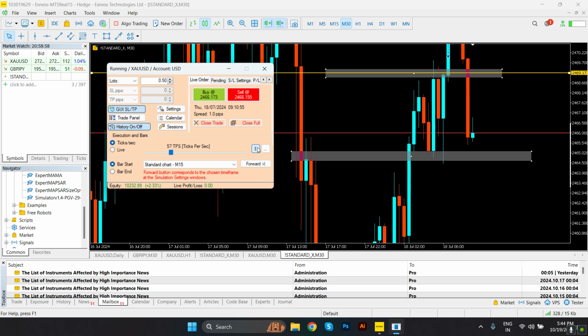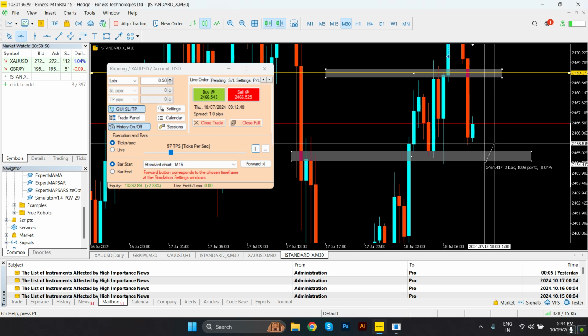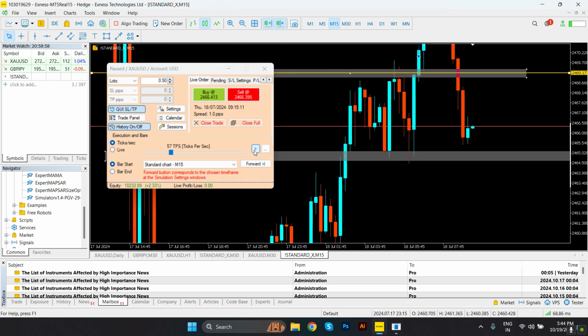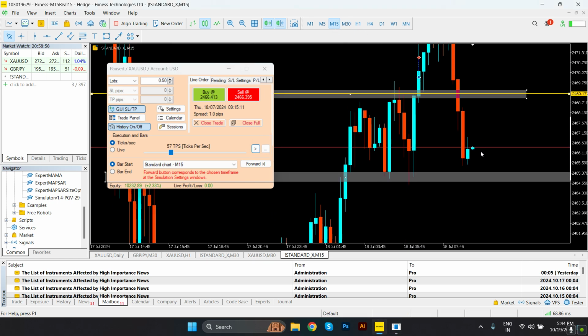Okay, 15-minute. We should fill this wick and then continue pushing to the downside. So the 15-minute is about to close. Closing, yeah, the 15-minute closed and created a support.